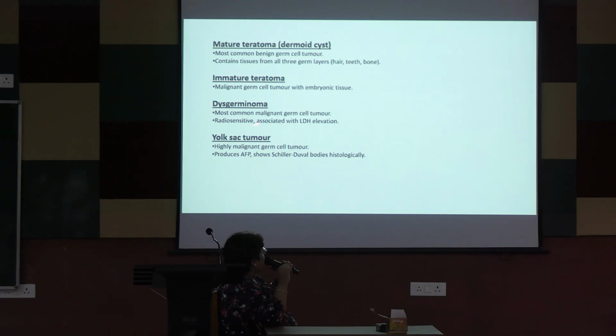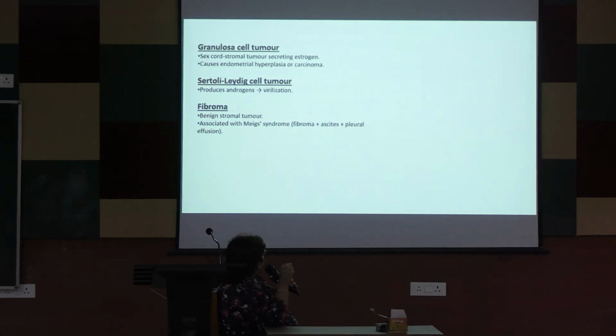Its primary treatment is radiotherapy. Yolk sac tumors are also highly malignant germ cell tumors. They produce AFP. I told you about the tumor markers: LDH for dysgerminoma, alpha fetoprotein for yolk sac tumor. And histologically you will find the characteristic Schiller-Duval body.